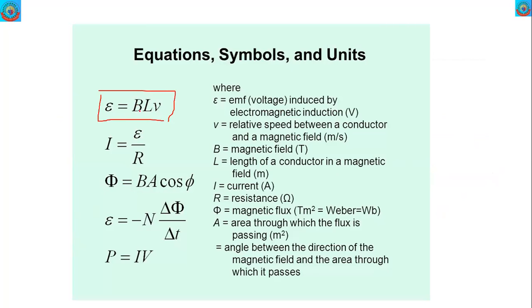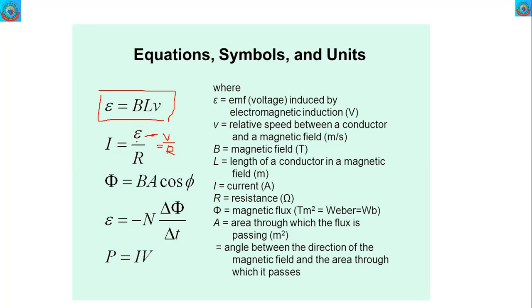So L is the length of the wire, v is the velocity at which the wire is passing through, B is the magnetic flux strength. And then current is equal to voltage over resistance. That means the voltage is the induced electromagnetic force.